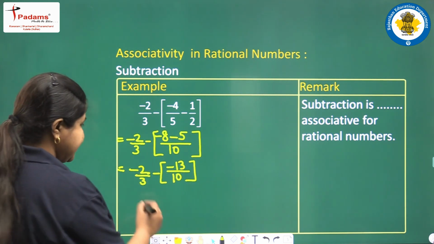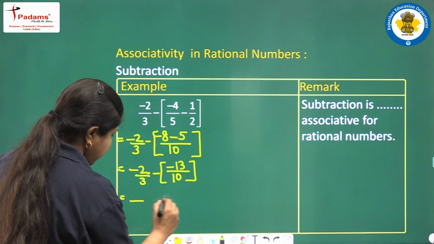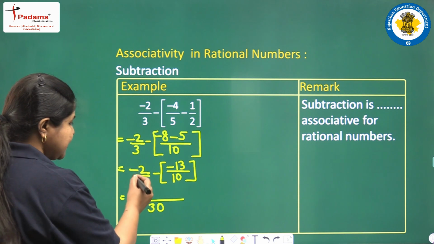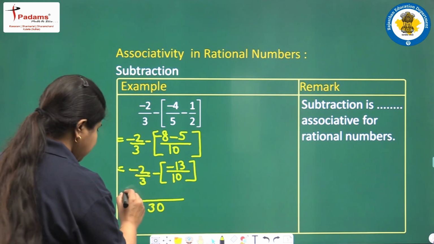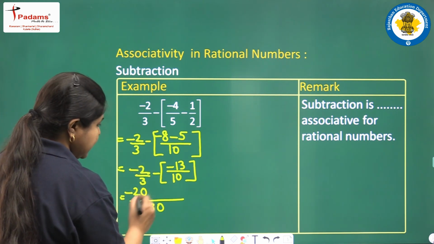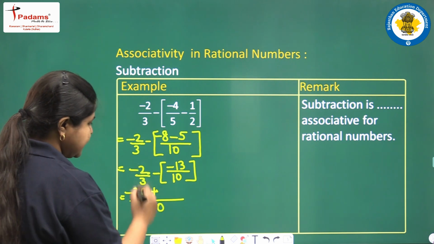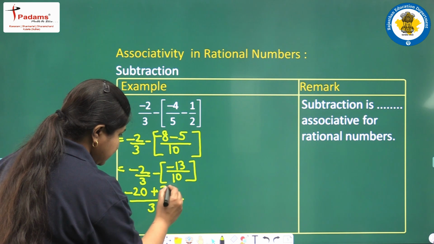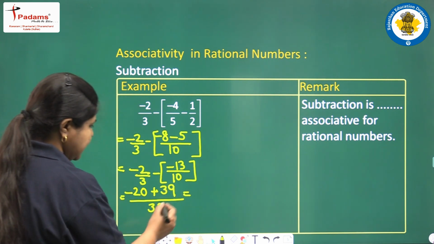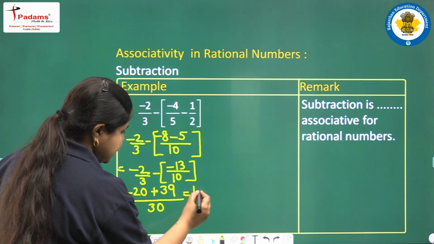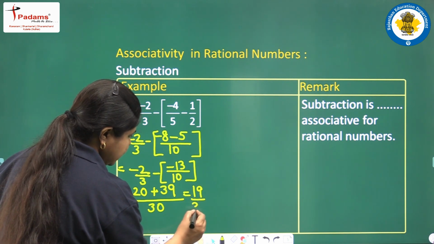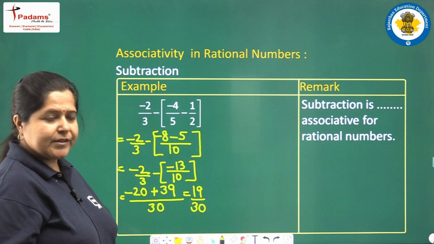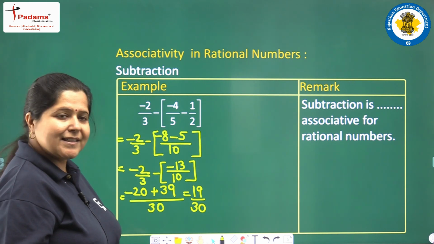Now we will take the LCM of 3 and 10, which will be 30. 3 10s are 30, so 2 10s will be 20 with minus sign. Minus and minus will become plus. 10 3s are 30, so 13 3s will be 39, which will give us 39 minus 20 is 19 upon 30. The bigger number is positive, so the answer will be positive 19 upon 30.